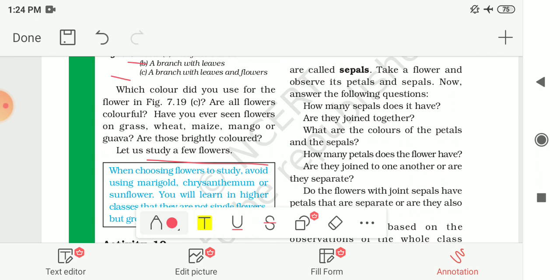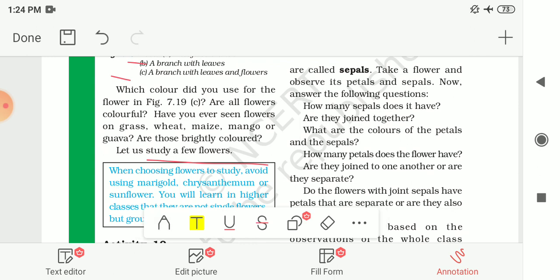Have you ever seen flowers on grass, wheat, maize, mango or guava? You might have seen flowers on all these plants. Are those brightly colored? Now let us study a few flowers. You might have observed till now that plants have flowers, and the flowers of different kinds of plants have different colors.